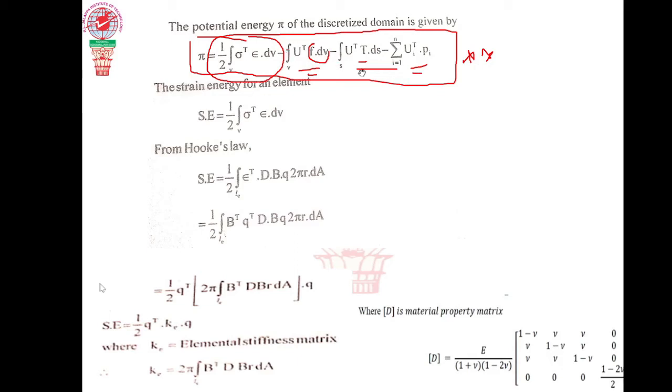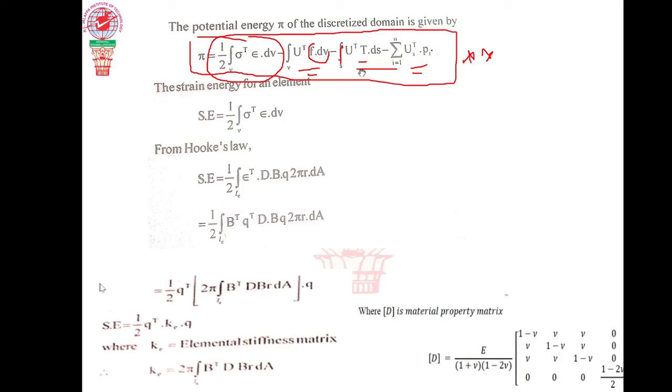Now, why is the integration symbol here? We are going to find the total work potential due to body force, due to traction force, and one more, the point force. Only for body force and traction force does an integration come, because they act along the surface and the volume.